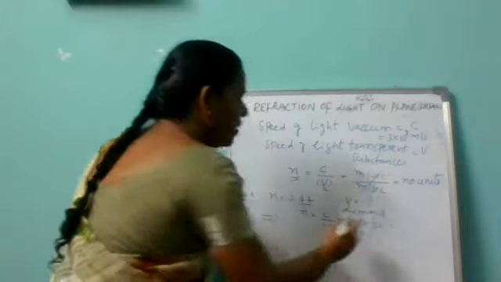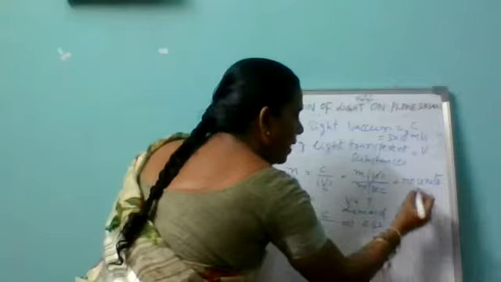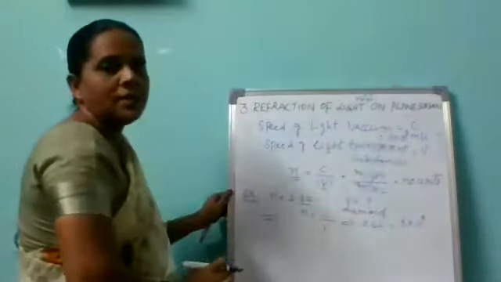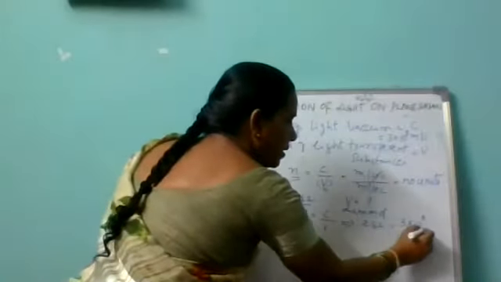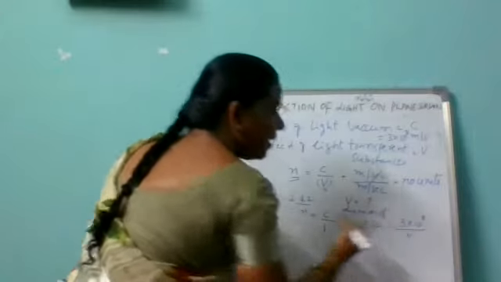That implies 2.42 is equal to c value, which is 3 into 10 power 8, already you should remember, it's a constant, divided by v, which is the value we have to find. Is it not?